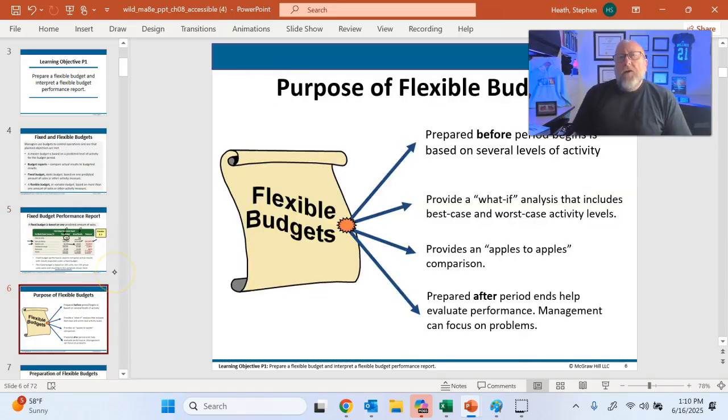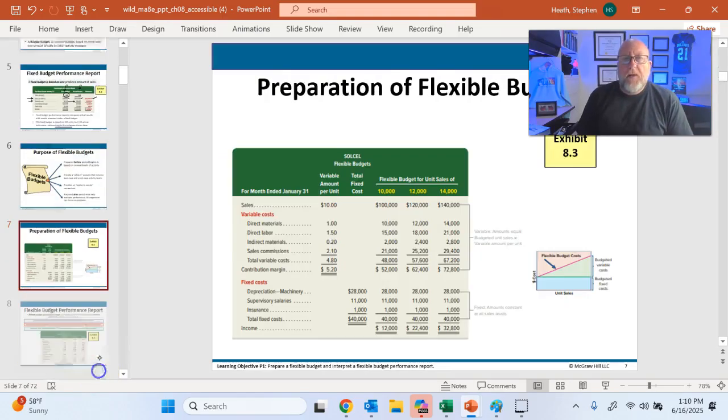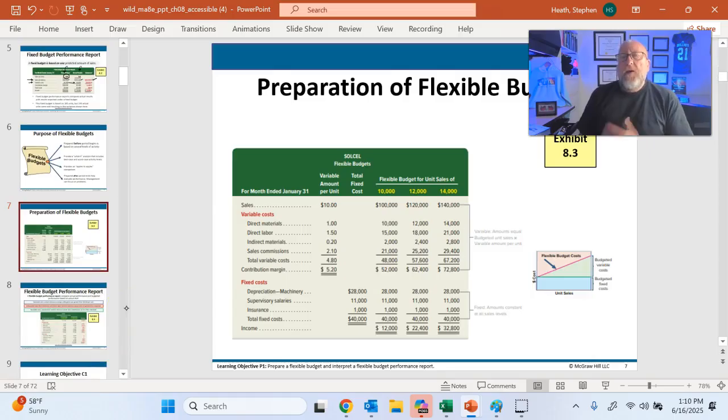In general, with flexible budgets, what we haven't really talked about is maybe this slide. We can create flexible budgets at the beginning of the period by asking, what happens if my sales volume is 10,000 units, or what happens if my sales volume is 14,000 units?